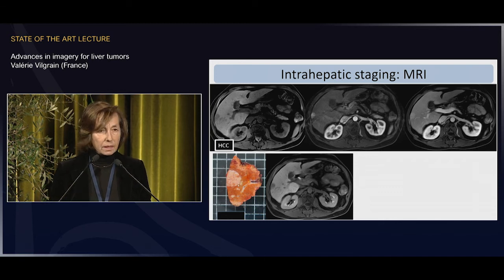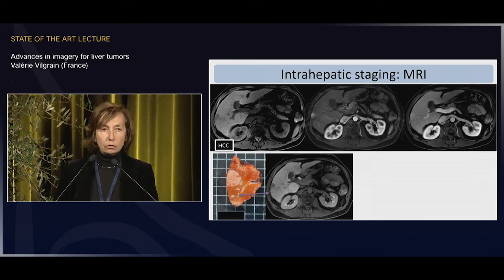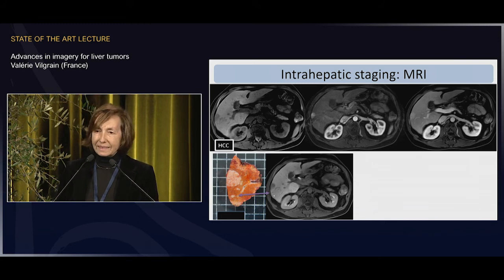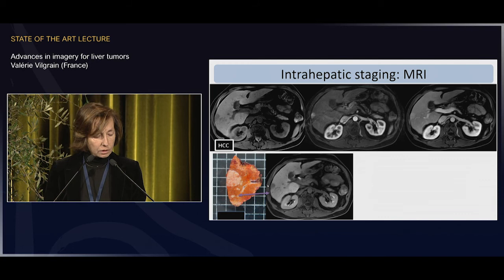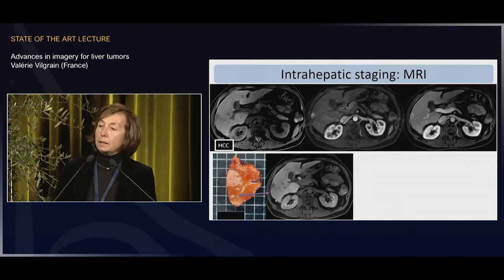Do we see something else? Yes. We see very small satellite nodules that were actually seen on the preoperative MR, especially on the hepatobiliary phase.